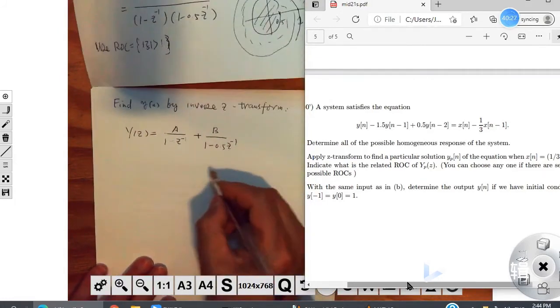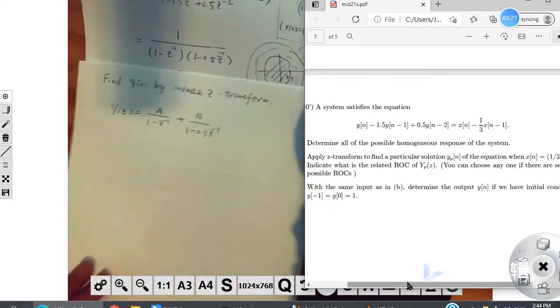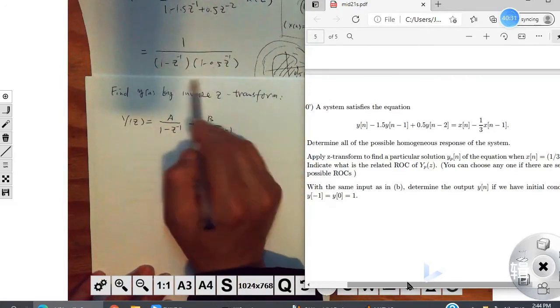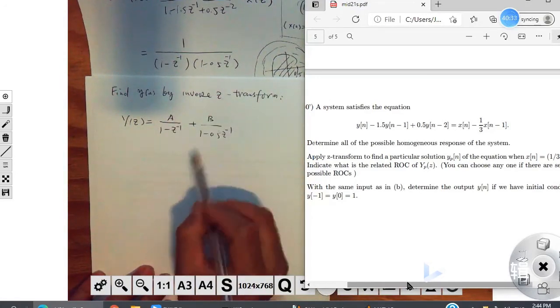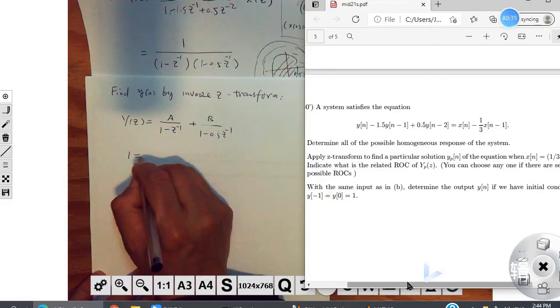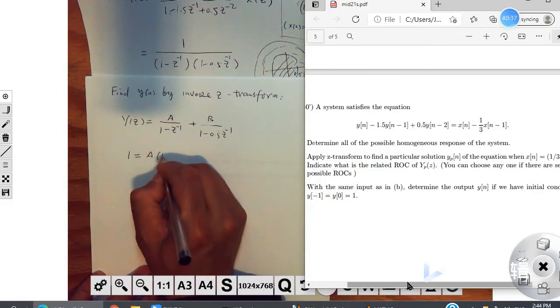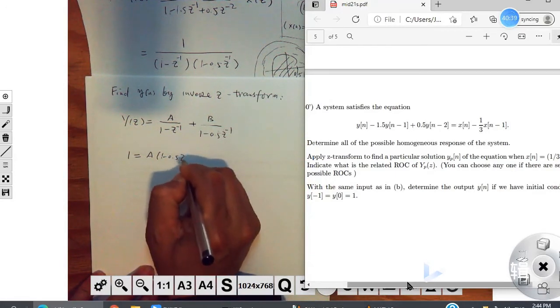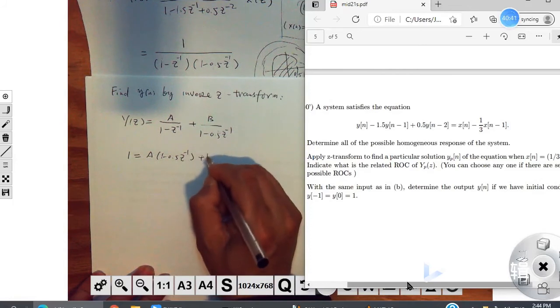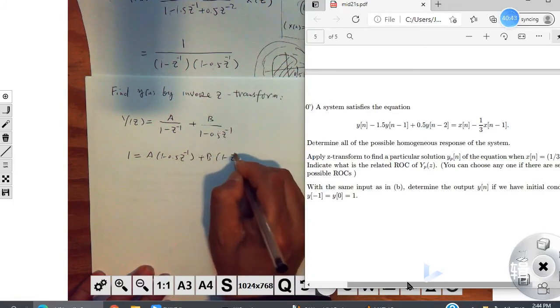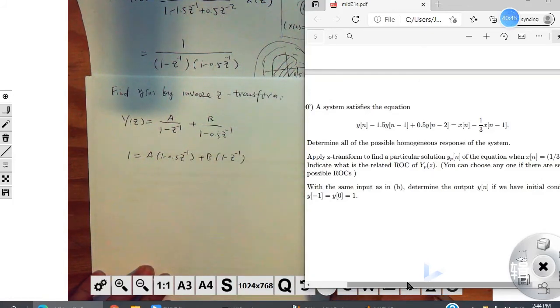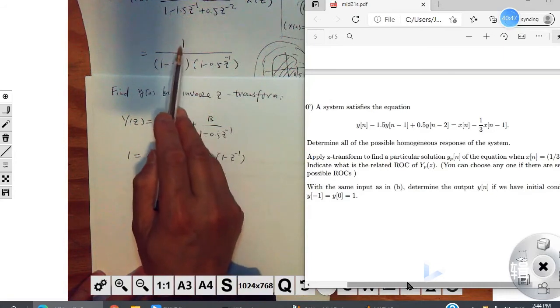And then Y is this one, now equal to this one. So that means 1 will equal to A times 1 minus 0.5 z to negative 1 plus B times 1 minus z to negative 1. Right? Make sense? Numerator should be 1.